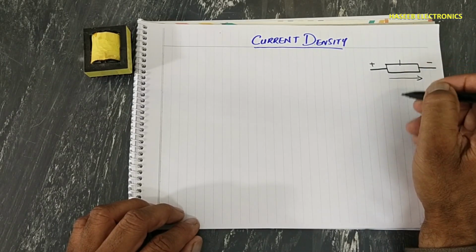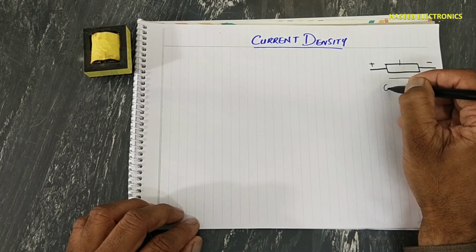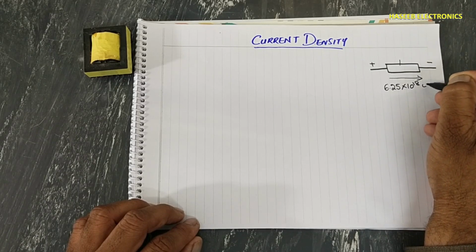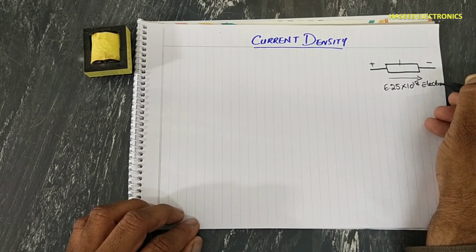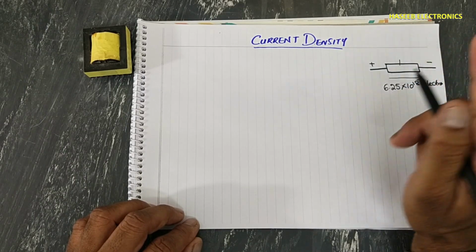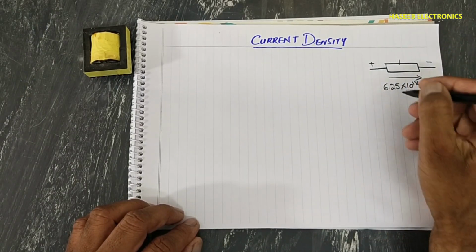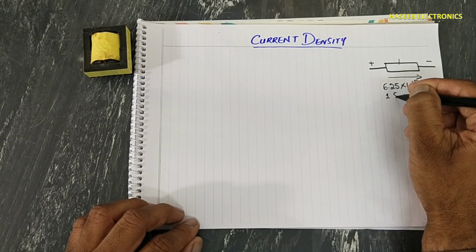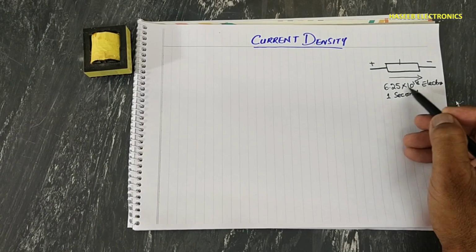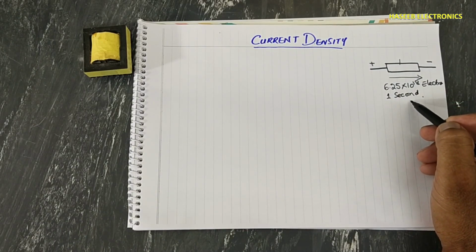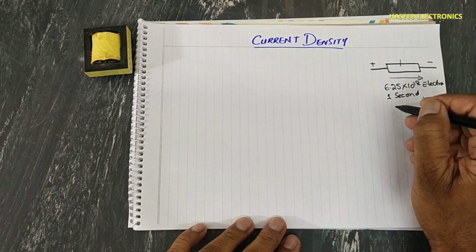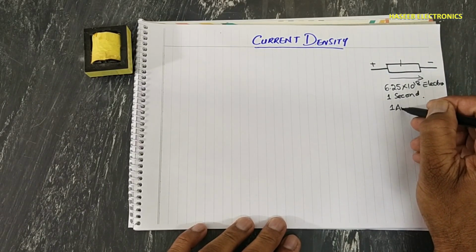At any point of this conductor, 6.25 times 10 raised to power 18 electrons will pass from this point in 1 second. When these two conditions meet, the amount of current is 1 ampere.